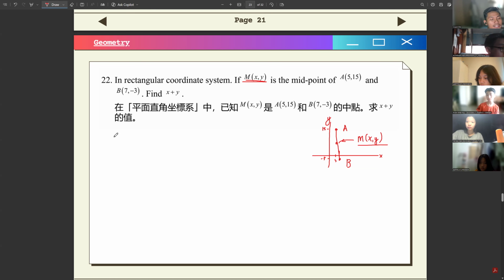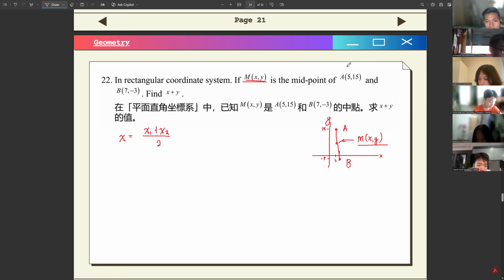But how do you get the coordinates of the midpoint? The x coordinate is just the average of the x coordinates of the other 2 points. Okay? So here, let's say our A has coordinates x1 and y1. Let's denote B with coordinates x2, y2, which we know the values of.